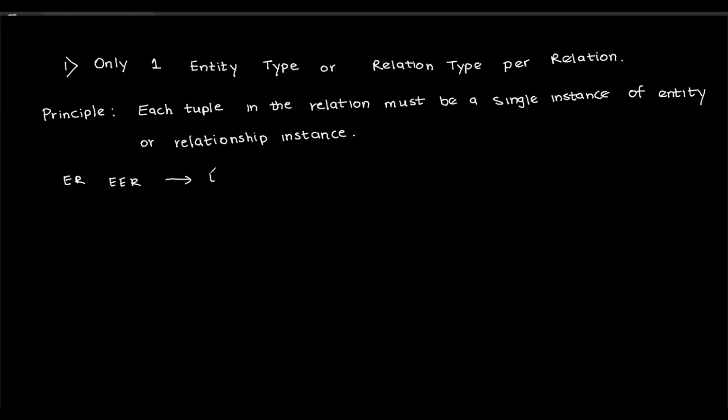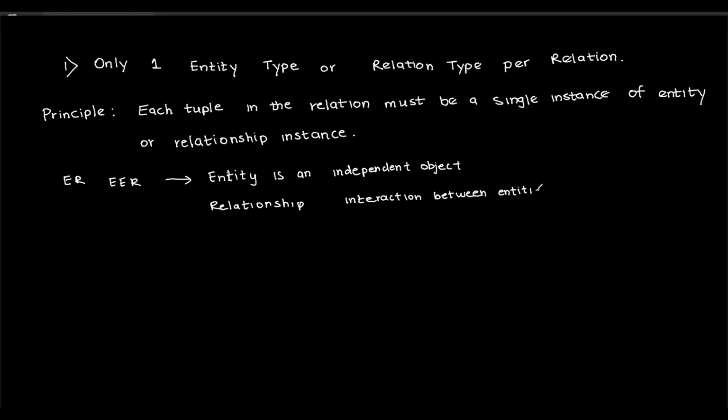There we studied that an entity is an independent object, and a relationship is how entities interact with each other, an interaction between entities. We know the ER diagram is the second step of creating a database, which is just the conceptual design.